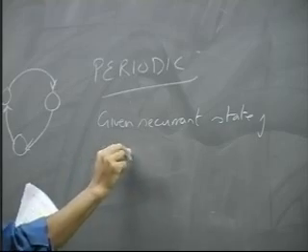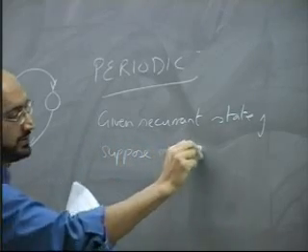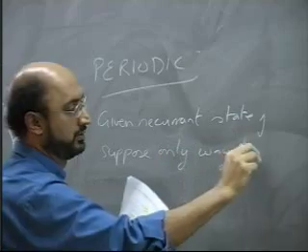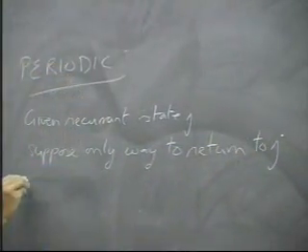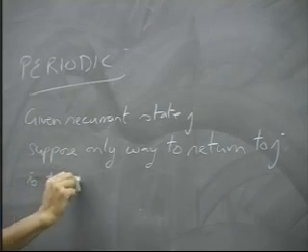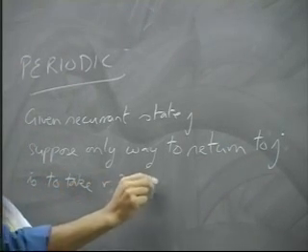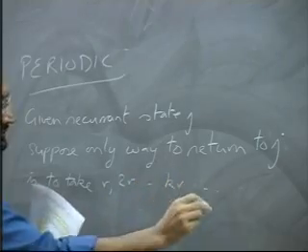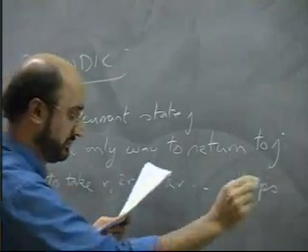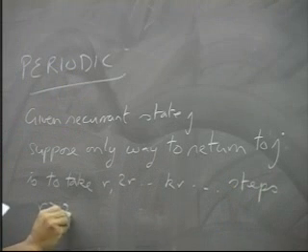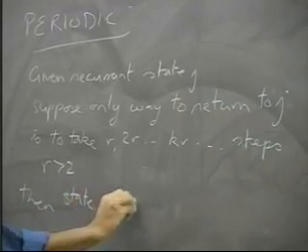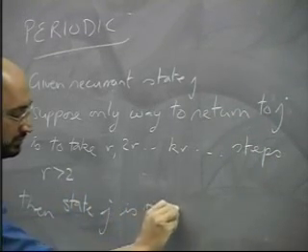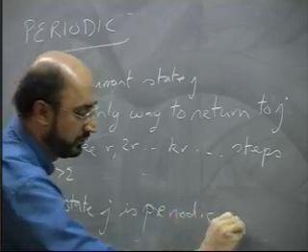Suppose the only way to return is to take r to r, so kr steps, r greater than 2, then state j is periodic with period r.